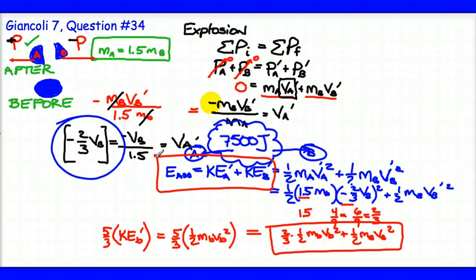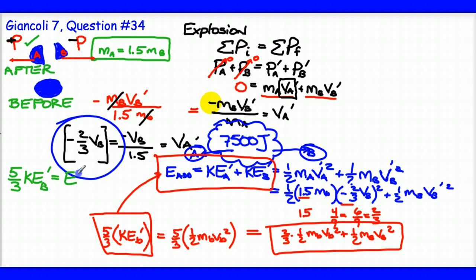So 5/3 the kinetic energy B prime is equal to the energy added. Let me go ahead and write that out in green. I'm running out of space, so I'm going to write it over here in the corner. I'm saying basically that 5/3 the kinetic energy of B prime is equal to the energy added. This all started here and kind of propagated through this work down this way.